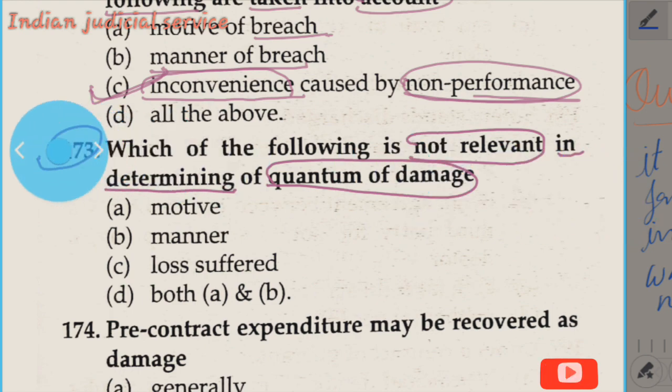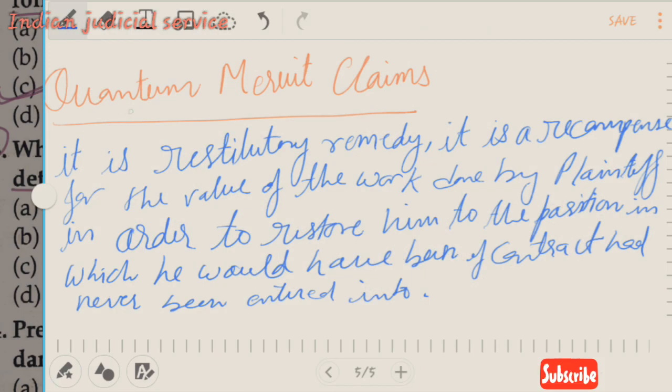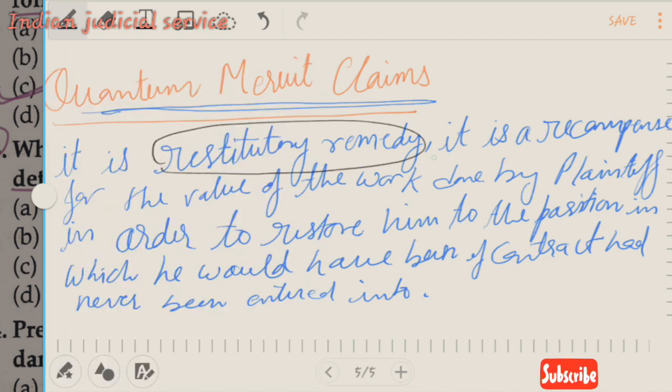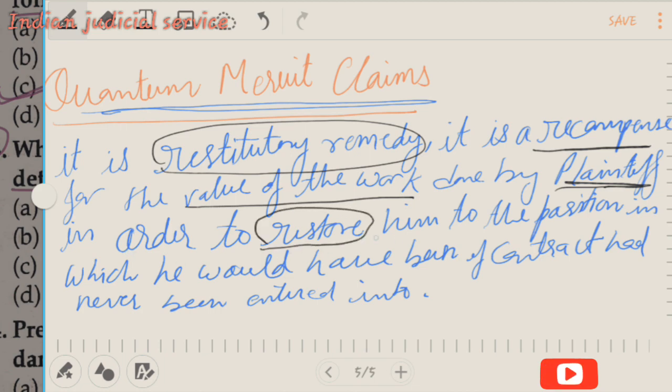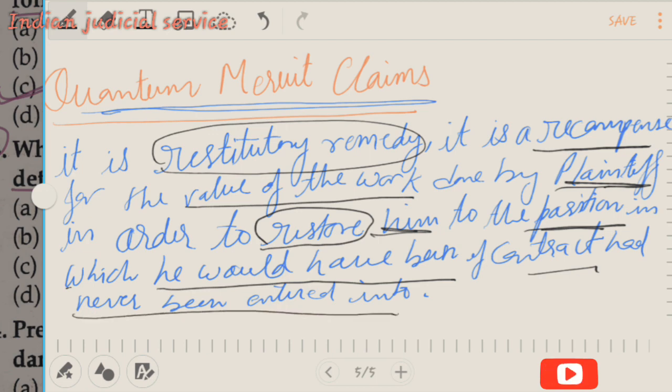Now we discuss some things related to quantum meruit. Quantum meruit claims are a restitutionary remedy, which recompenses the value of work done by the plaintiff in order to restore him to the position in which he would have been had the contract never been entered into. So this is the quantum meruit claim.